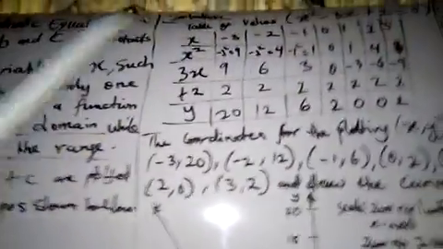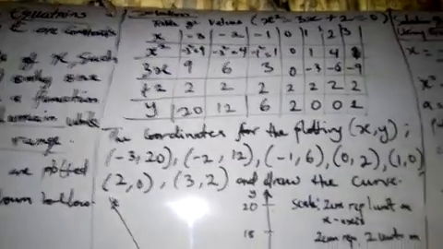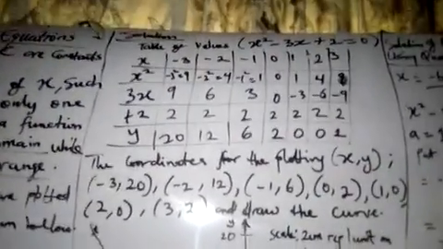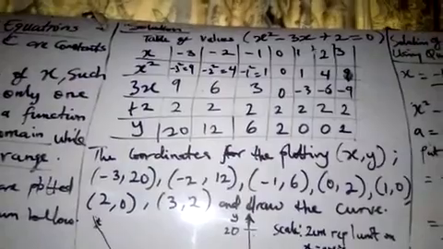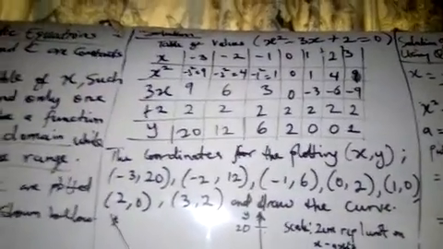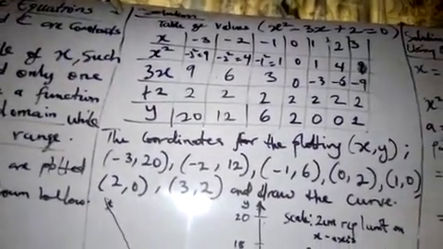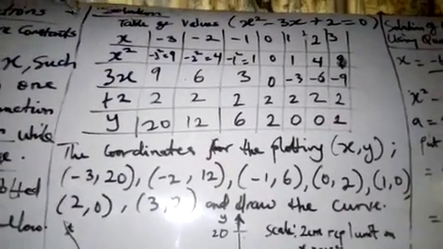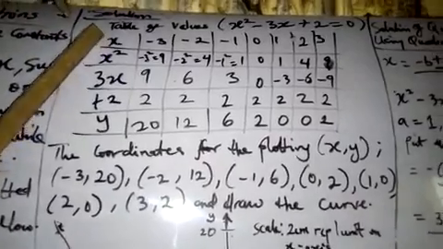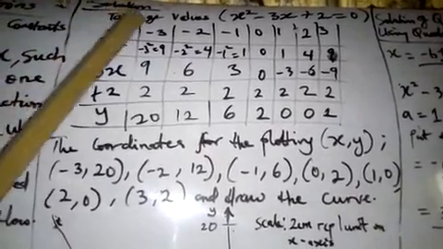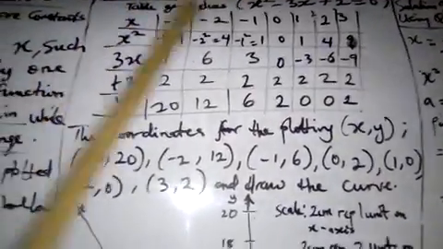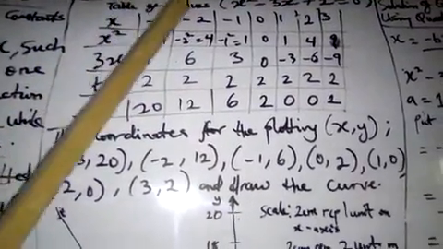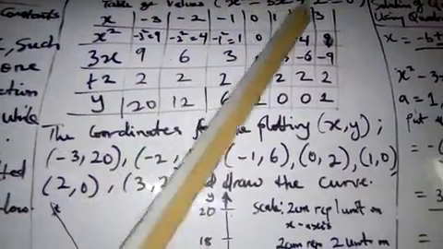Now, the table of values for the quadratic equation x squared minus 3x plus 2. What is the first thing for you to do? You have been given the values of x to be between -3 and 3, right? So this is x. It will start from -3. The range of values will be -3, -2, -1, 0, 1, 2, 3.